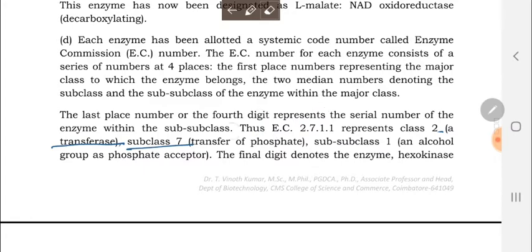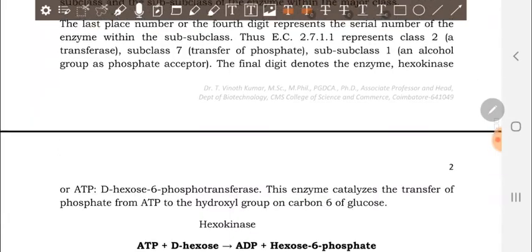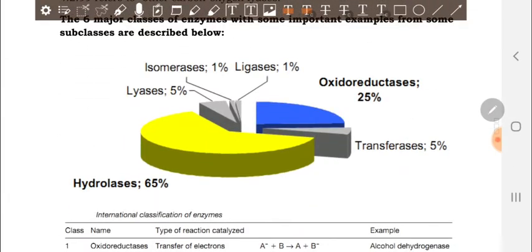This is the ratio of the total 6 different types. Recently the database was released, and the total number of enzymes is classified into 6 different types.